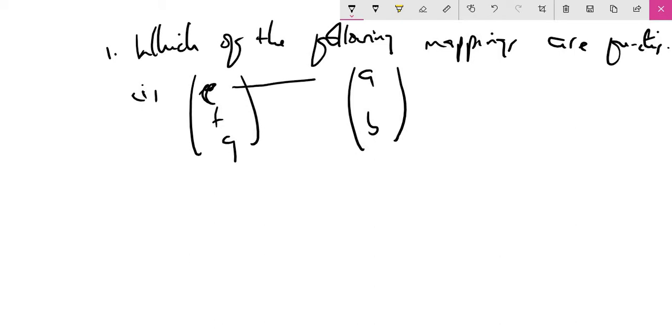So we have this mapping to that, we have this mapping to that, and this maps to that.